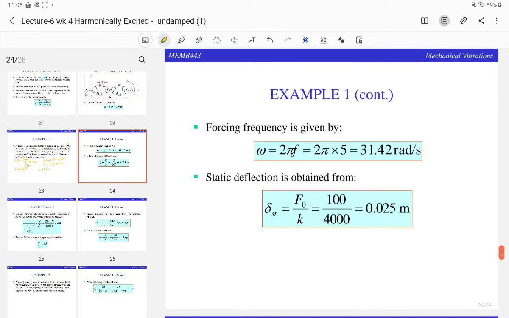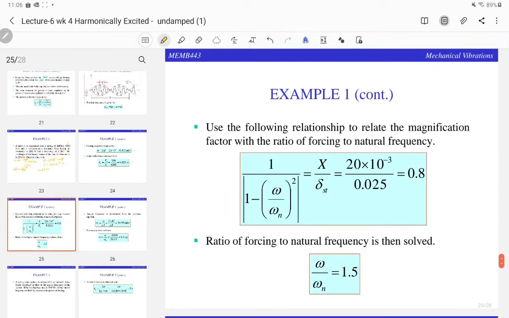First, convert to radians, 10 pi, and then you also have the static deflection F naught over k. From there you can use this equation, or you can also use the relationship between your X and your F naught, k minus m omega squared.